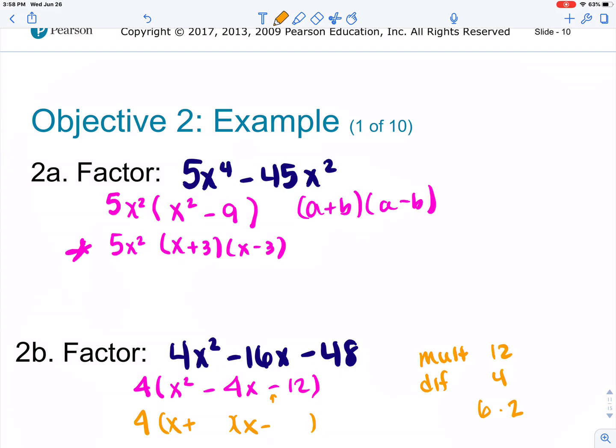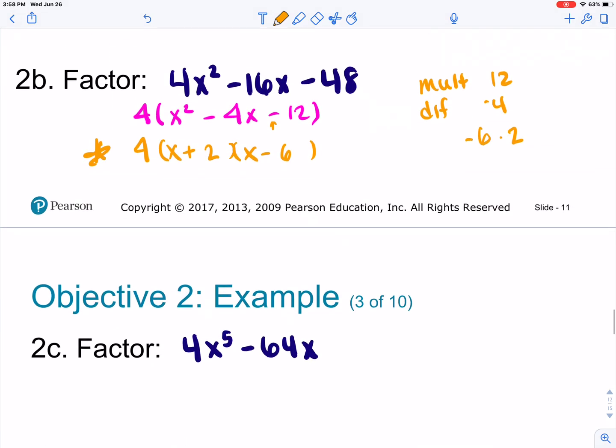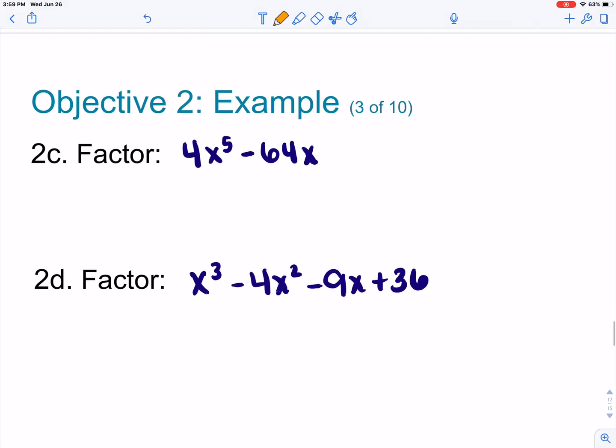Then I got to figure out which one is going to be negative. If I want a negative 4 difference, that means I'm going to have a negative 6. So then I got to put the 6 with the negative. So it's going to be 6 and 2 like that. And so then there's my final answer. These are kind of fun, aren't they?